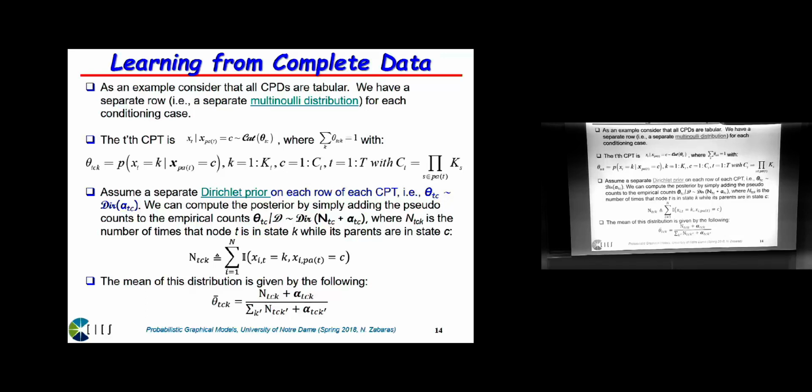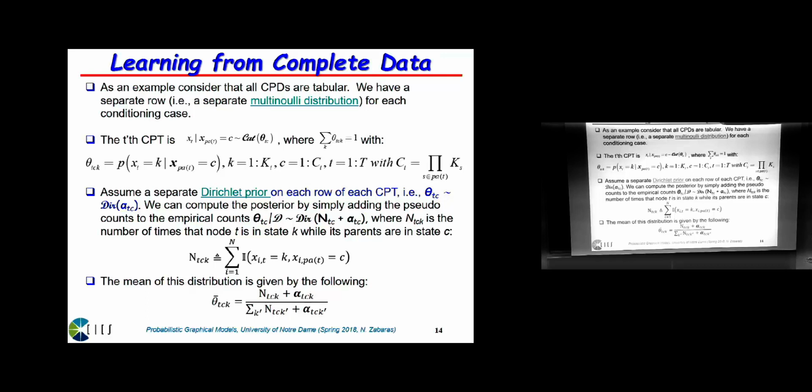For example, for this distribution it is alpha tck divided by the summation of alpha tck prime for all k primes. So the mean of the posterior comes to be this empirical count plus alpha tck from the prior, and then in the denominator you have this. Actually it should be inside parentheses, even though it's obvious here. So this whole summation here is summed over k prime.